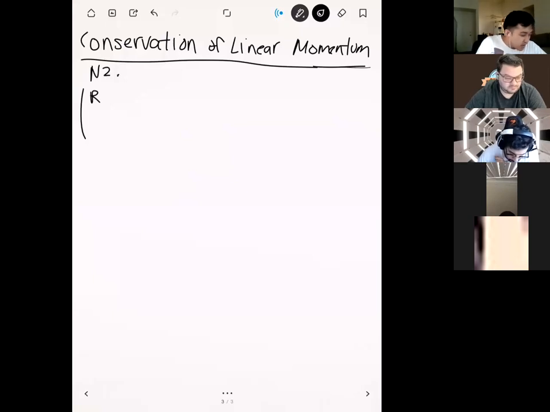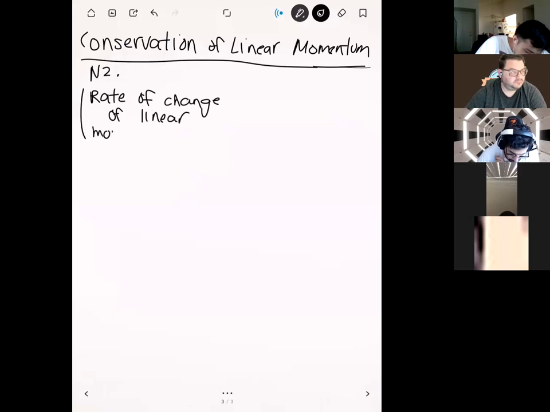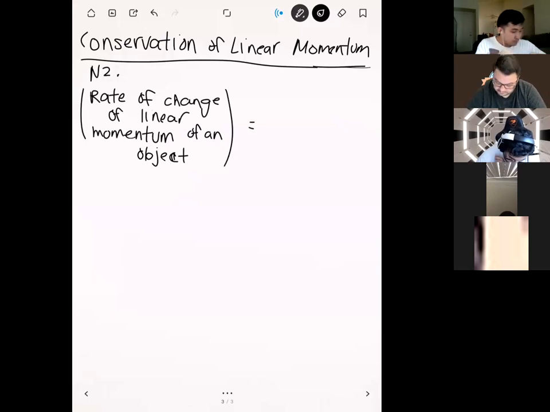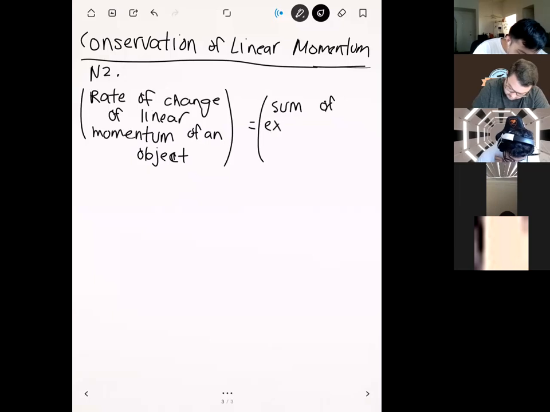What Newton's second law says is that the time rate of change of linear momentum of an object is equal to the sum of the external forces acting on that object.